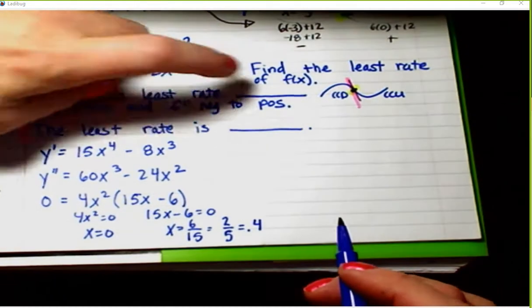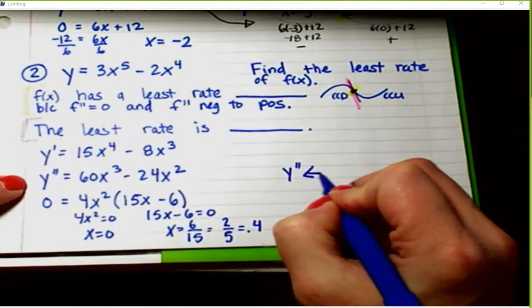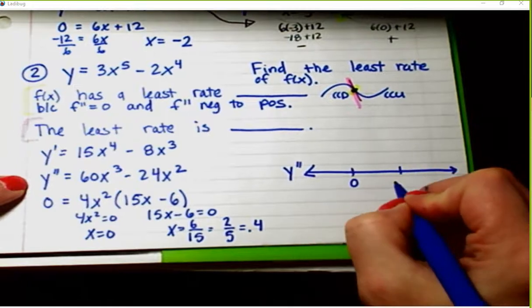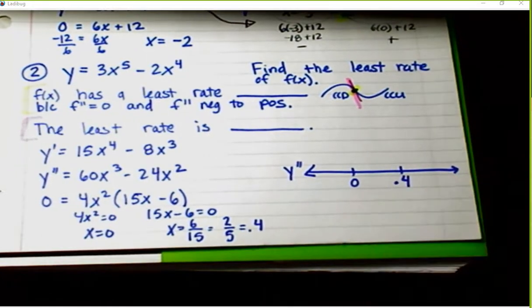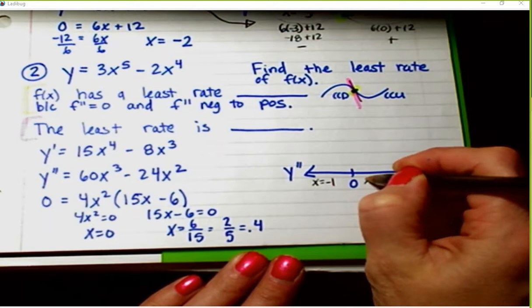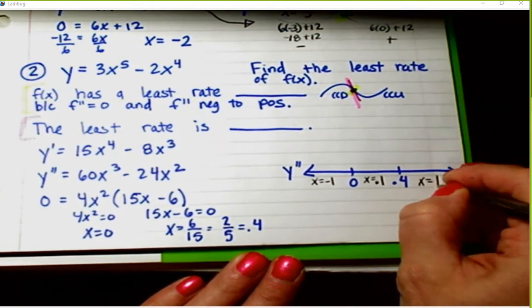Now I need to figure out how it's changing. Okay, so double prime, I've got 0 and 0.4. I did the decimal because it's easier for me to pick numbers between when I'm looking at a decimal. All right, so I'm just going to pick some numbers out. 0.1, x equals 1.